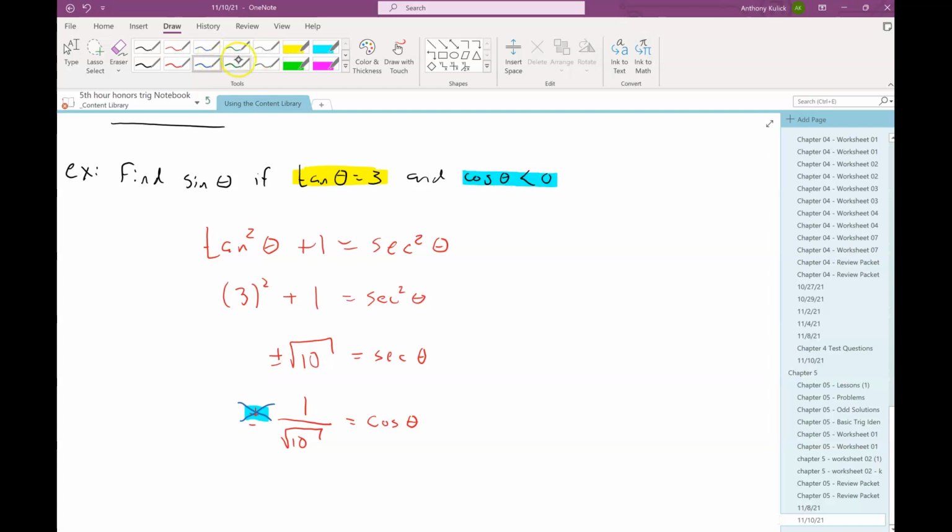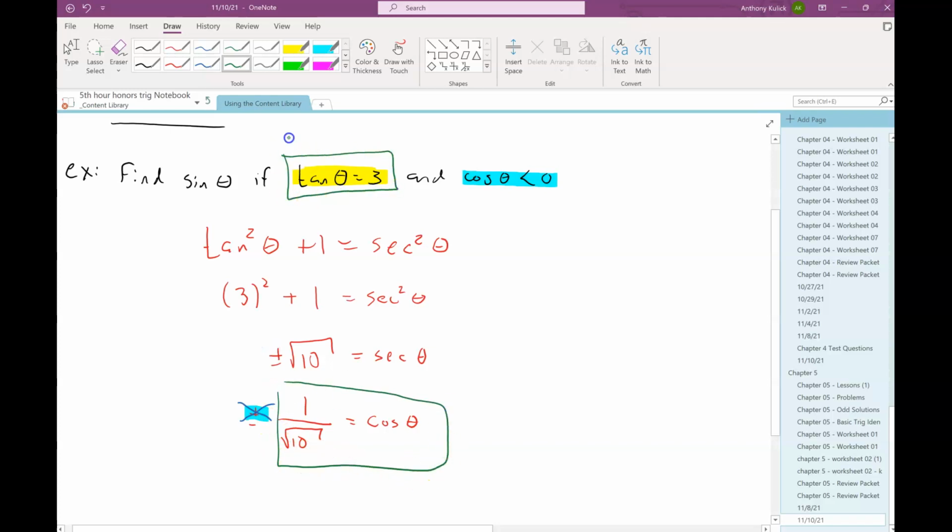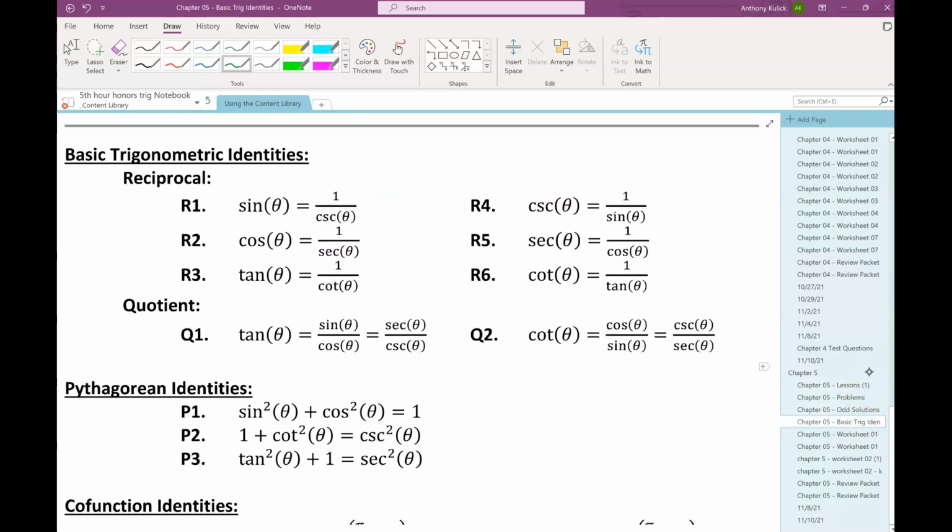So now I know a value for cosine, and I know a value for tangent. So I'm going to go back to my identity sheet and see if there's something that involves sine and cosine and tangent. Specifically, I see this identity right here, the first quotient identity, that tangent is equal to sine over cosine.